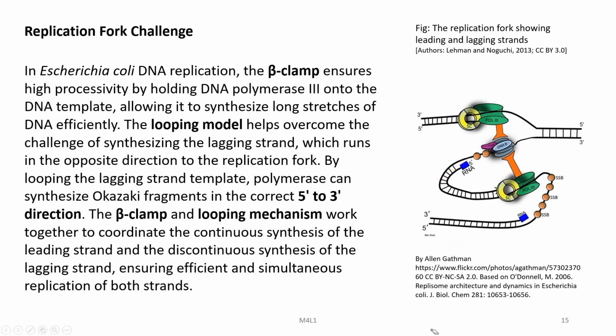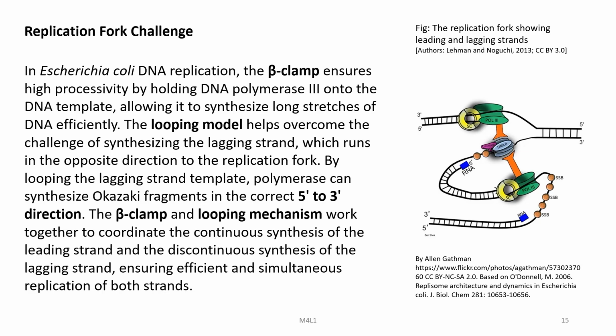In E. coli DNA replication, and not only in E. coli, the beta clamp ensures high processivity by holding DNA polymerase III onto the DNA template, allowing it to synthesize long stretches of DNA efficiently. The looping model helps overcome the challenge of synthesizing the lagging strand, which runs in the opposite direction to the replication fork.